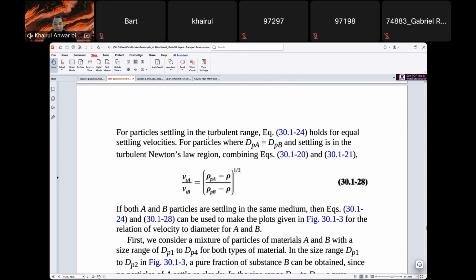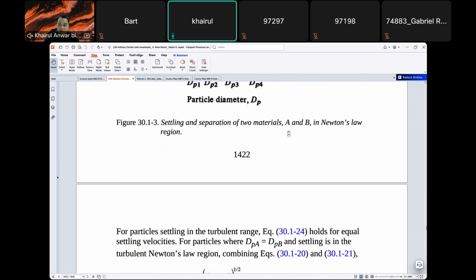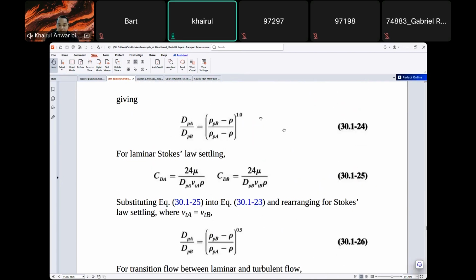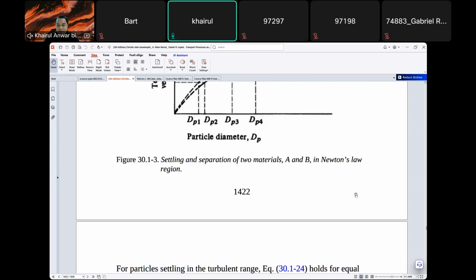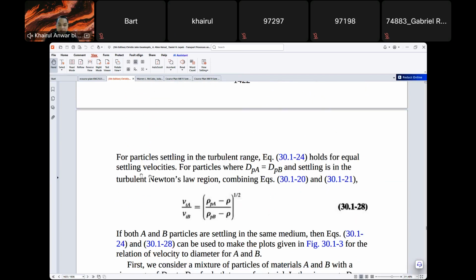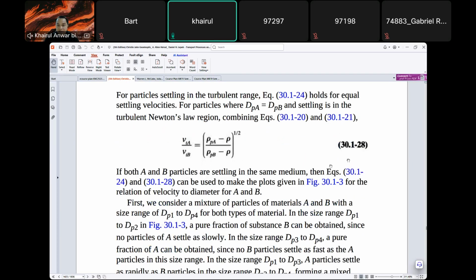For settling in the turbulent range, equation 30.1-24, for all equal settling velocity particles where dPA equals dPB, which refers to the diameter of the particle, and settling is in the turbulent region, following equations 30.1-20 and 30.1-21, then we get 30.1-28. This refers to the settling velocity.